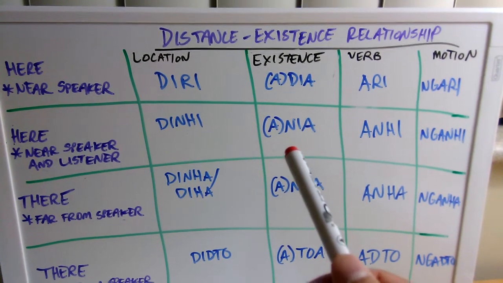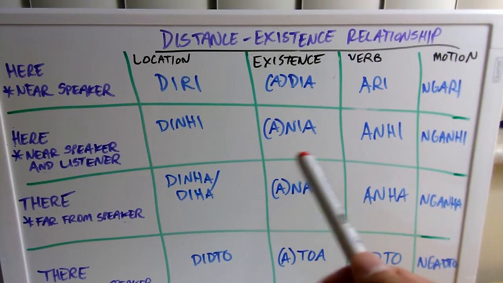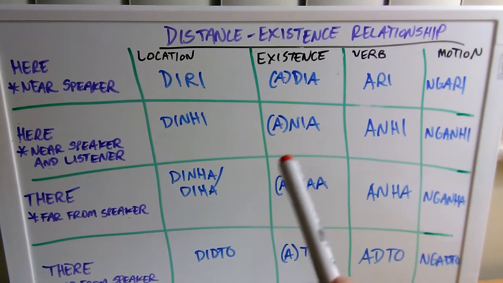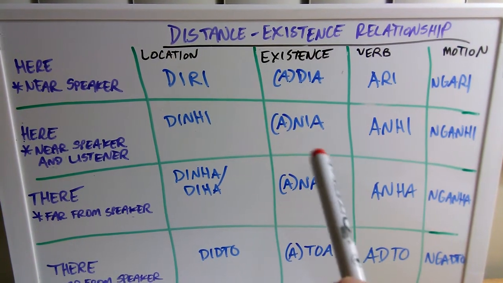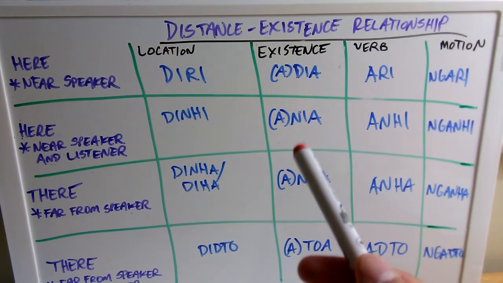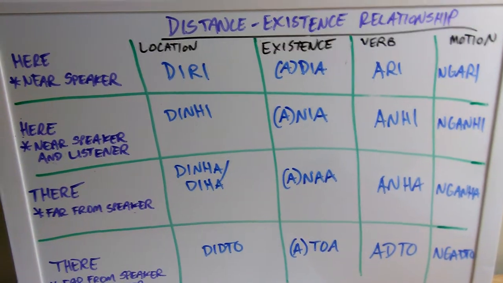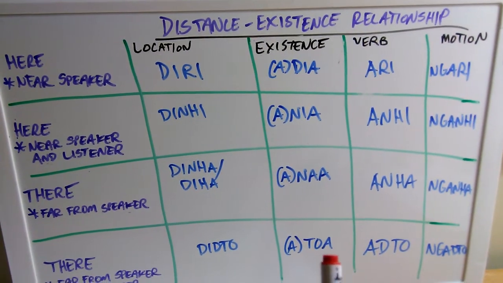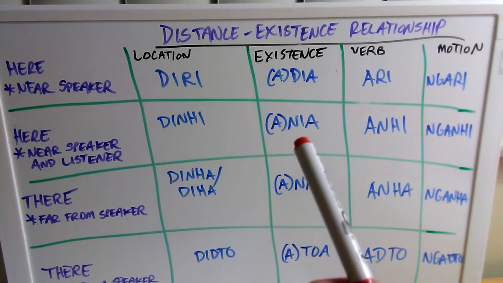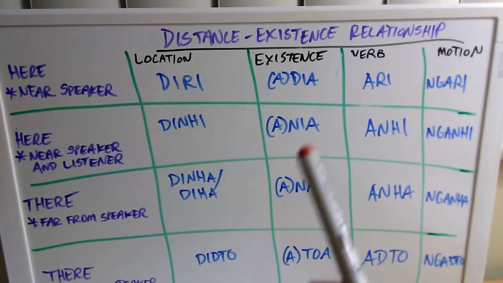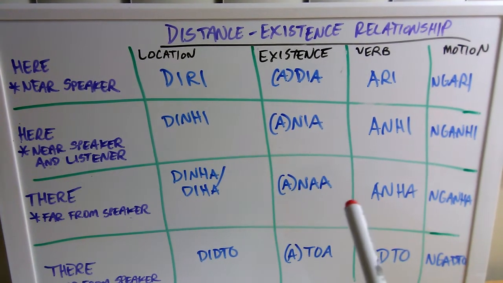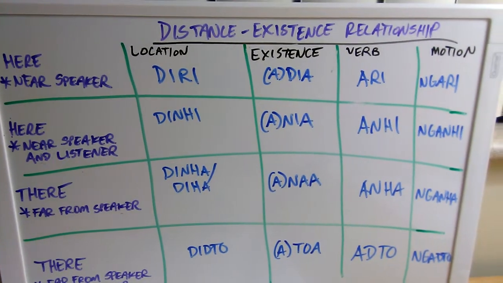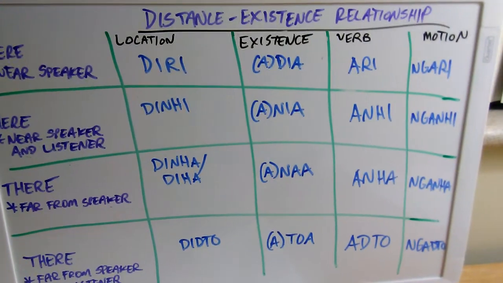The existence word for this one, ania or nia, again, it's like adia. I don't really hear this one a lot, ania. Maybe some other dialects or regions have this one more prominently, but I feel like this ania and nia is slowly merging with the naa or anaa, which is to exist, or there is, or there isn't, there exists or there has.